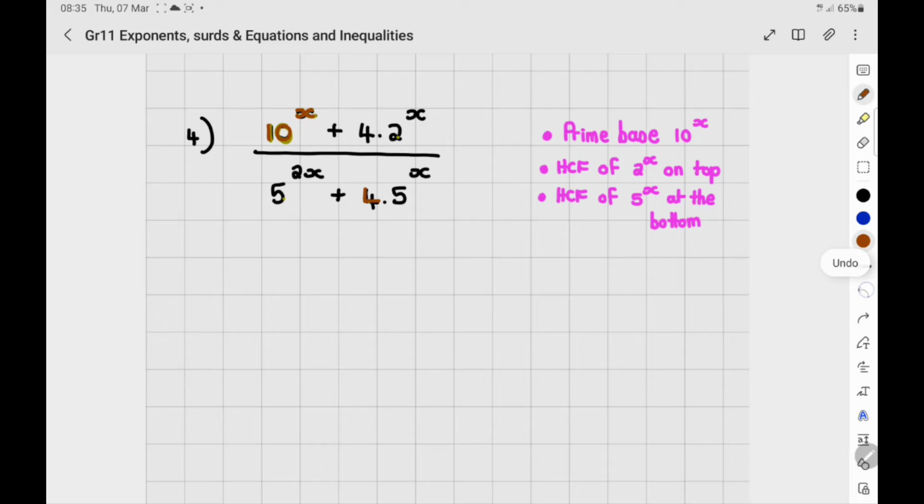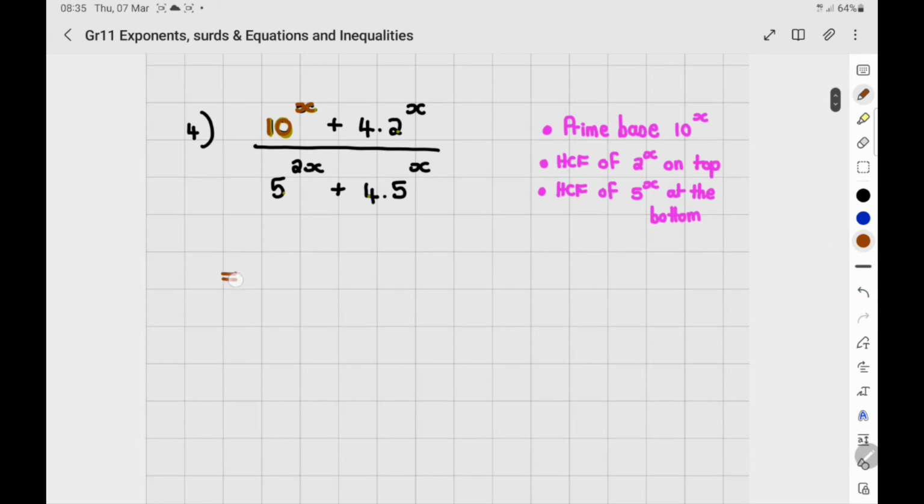We're not going to change it. Why not? Because it doesn't have a variable like an x or a y attached to it as an exponent. So the only one we're going to change over there, and the others are already prime bases. You see the 2, the 5, and the 5, so we don't need to change them. So the only one that has a variable attached to it as an exponent is 10 to the power x.